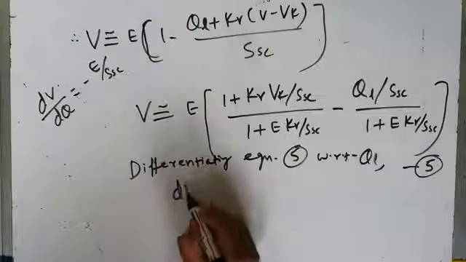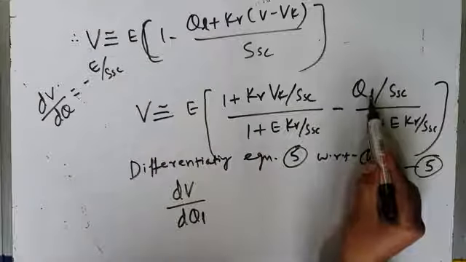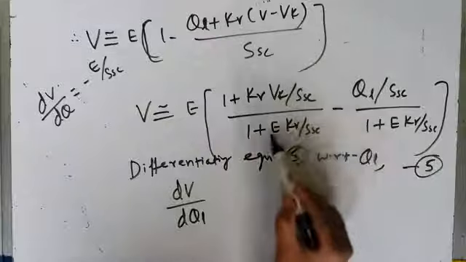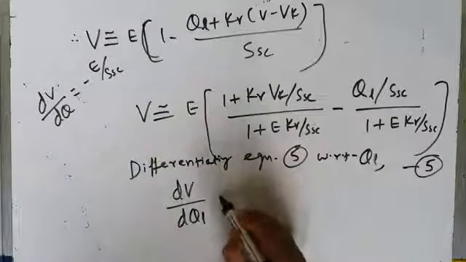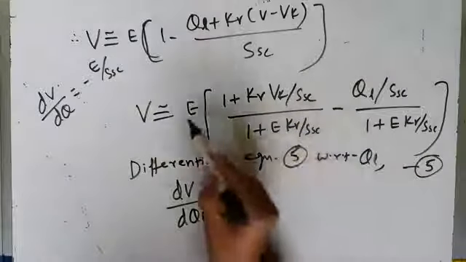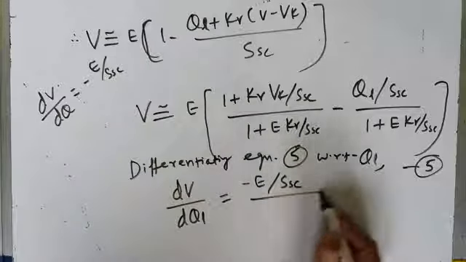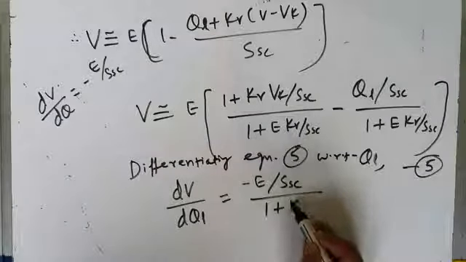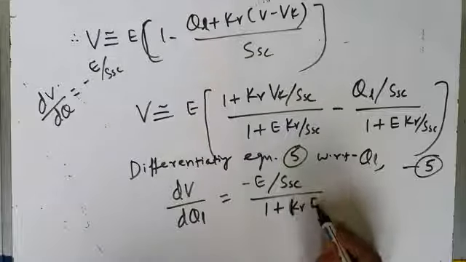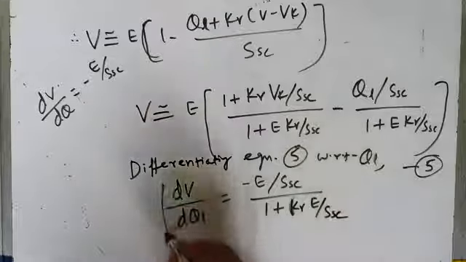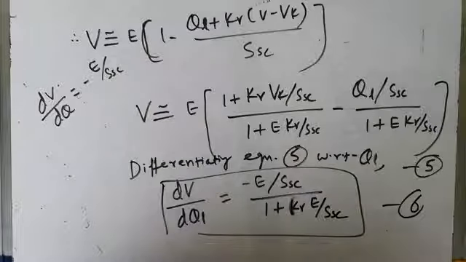So voltage sensitivity will be dV by dQL. We have to differentiate it with respect to QL. The first term will become 0 because it is a constant term, there is no QL here. And in the second term we will get minus E by SSC divided by 1 plus K gamma E by SSC. So this is the voltage sensitivity equation. I call this equation 6.